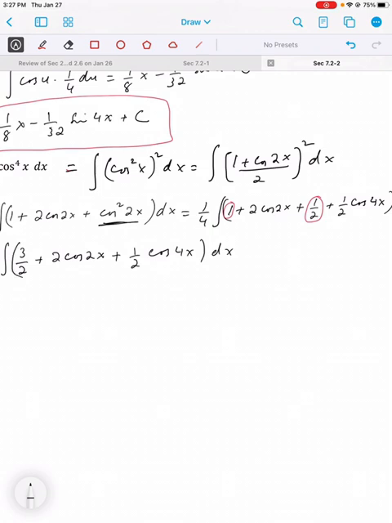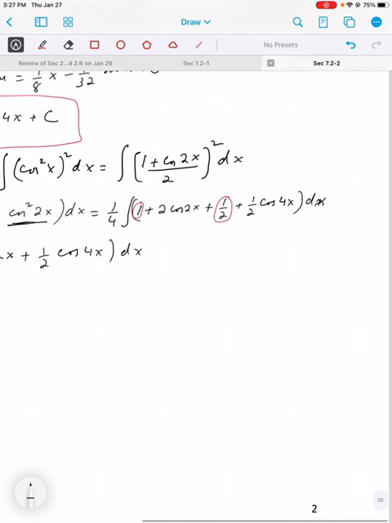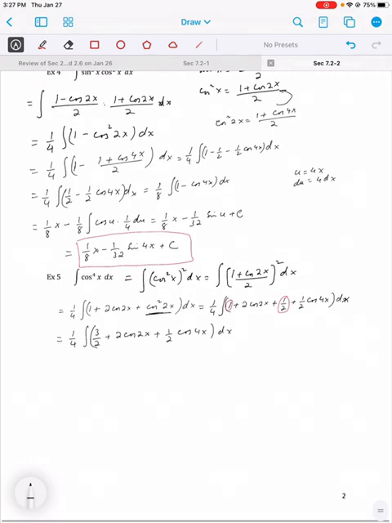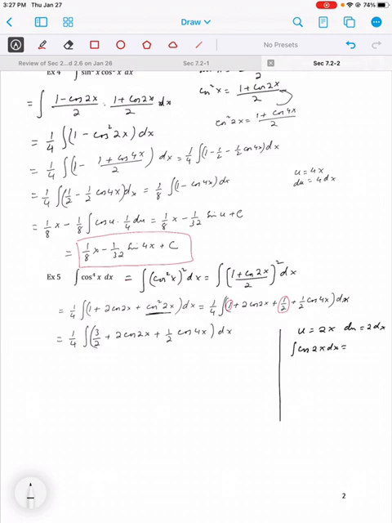And now we can anti-differentiate. Now you might say, okay, I have to do the substitution. Well, by now you might have noticed how the substitution works, but if you want, you can go on the side and do the substitution. When you take u to be 2x, your du is 2 dx, so that the integral of cosine 2x dx becomes 1/2 integral of cosine of u du, which gives you 1/2 sine of u or sine of 2x.